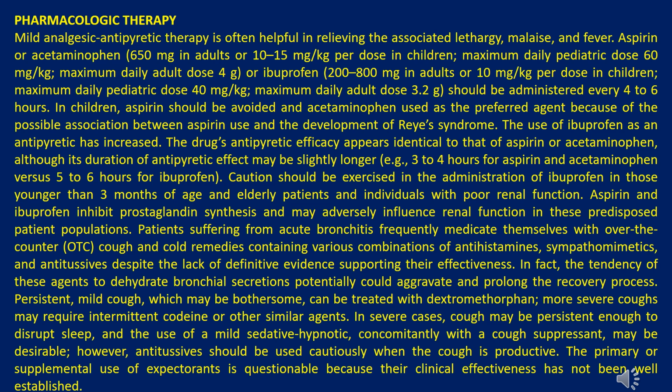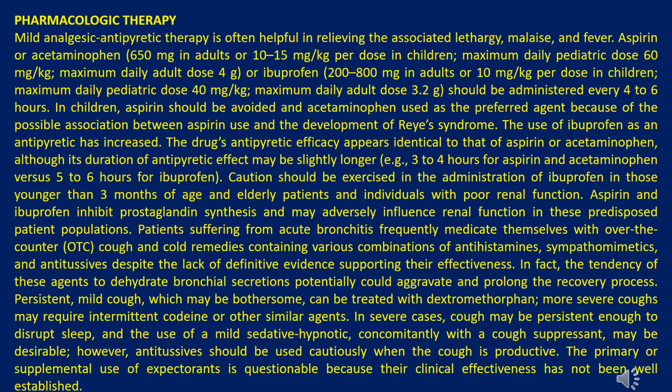Aspirin or acetaminophen, dosed at 650 mg in adults or 10 to 15 mg per kilogram per dose in children, maximum daily pediatric dose 60 mg per kilogram, maximum daily adult dose 4 grams, or ibuprofen 200 to 800 mg in adults or 10 mg per kilogram per dose in children, maximum daily pediatric dose 40 mg per kilogram. Maximum daily adult dose 3.2 grams should be administered every 4 to 6 hours.